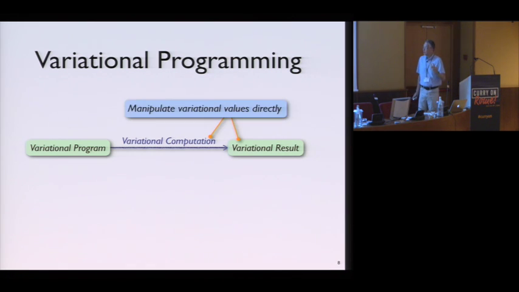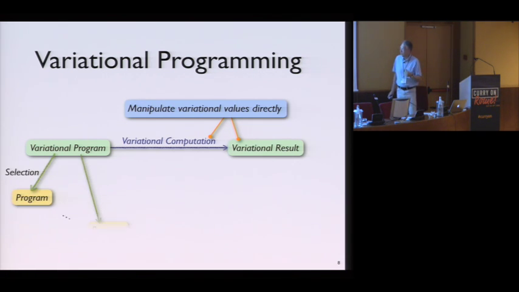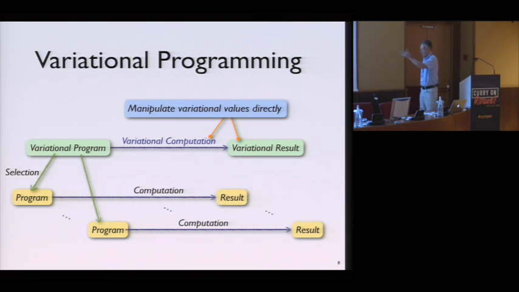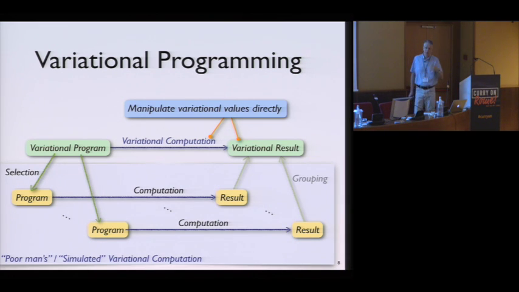And it's important, I think, for any system that is hoping to be efficient and feasible in practice, that it can manipulate variational values directly. And the other approach of performing selections repeatedly, then breaking this down and performing computations on individual results, that's kind of a simulated variational computing, but that won't scale very much.